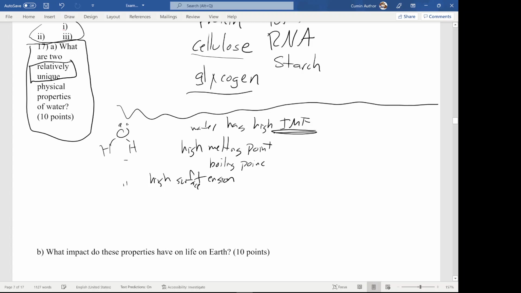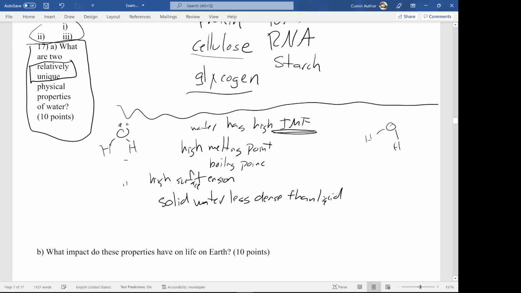What I find the most unique about it is that the ice is less dense than the liquid. And just as a side moment, that has to do with the bending of the water molecules.